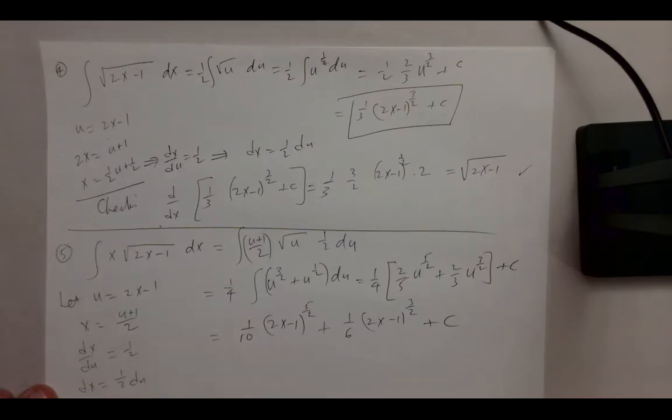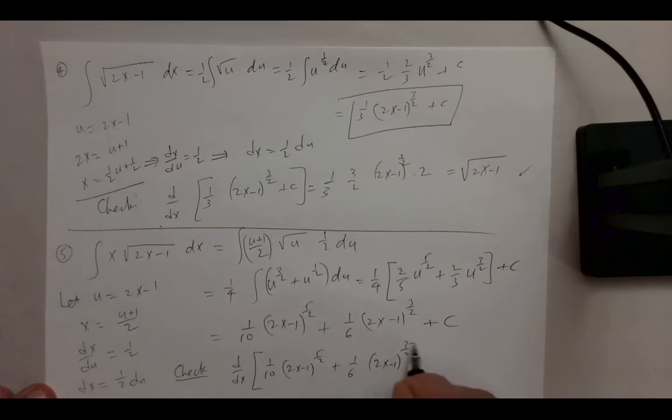Is this correct? Well, the only way to know for sure is to check. If you take the derivative with respect to x of 1/10 (2x minus 1) to the 5/2 plus 1/6 (2x minus 1) to the 3/2 plus the constant, but the derivative of a constant is 0.